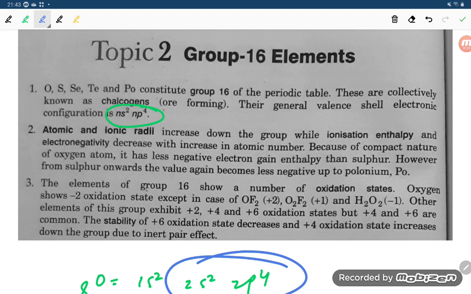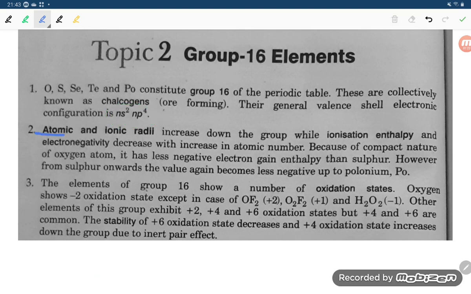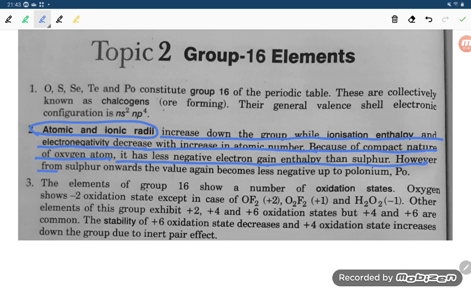Now the next point is atomic and ionic radii. They increase down the group, while ionization enthalpy and electronegativity decrease with increase in atomic number. Because of the compact nature of the oxygen atom, it has a less negative electron gain enthalpy than sulfur. However, from sulfur onward, the value again becomes less negative up to polonium.